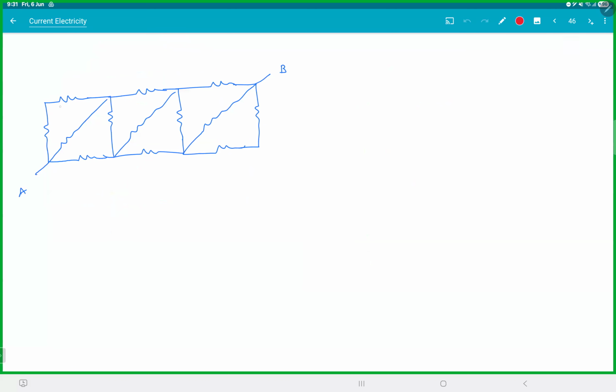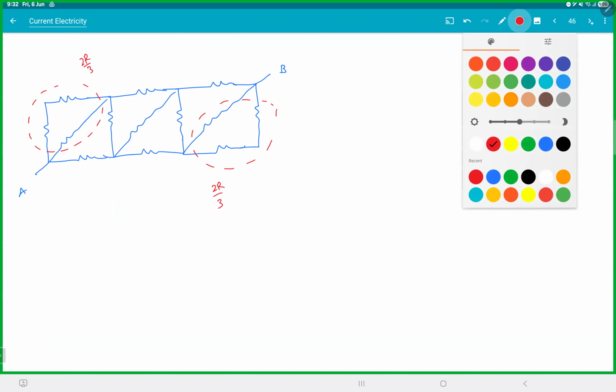So I can simplify this. This whole branch here will be 2R by 3, and this whole branch here will be 2R by 3.